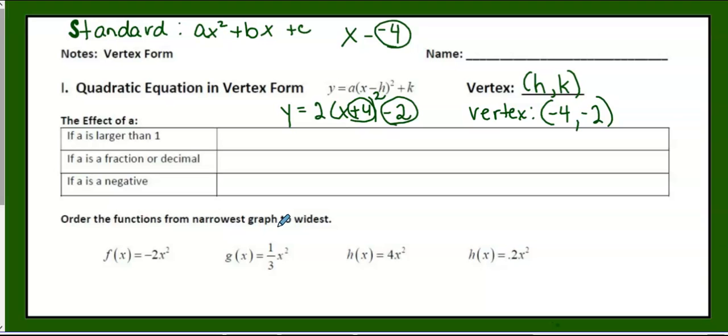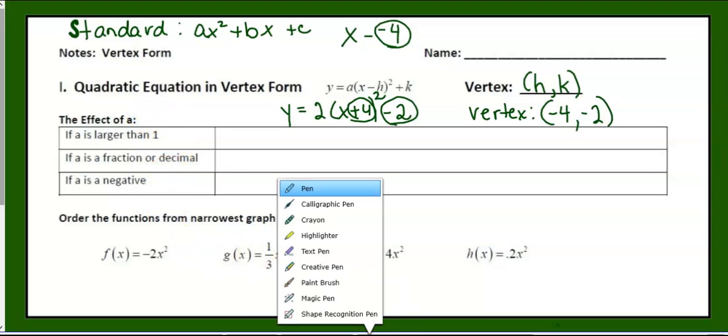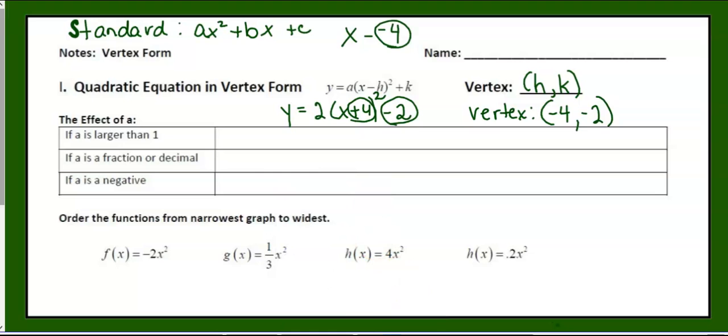The effect of a. Okay, so a is either what we call a stretch or a compression. I'm just going to abbreviate that.